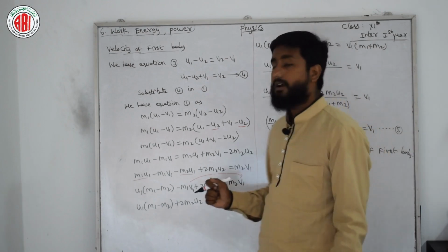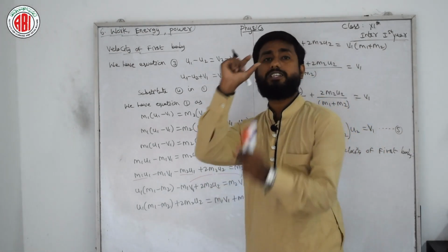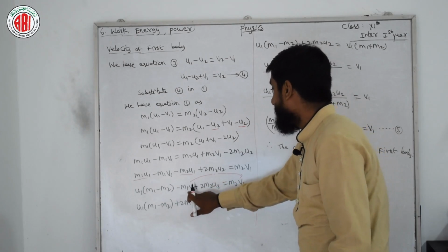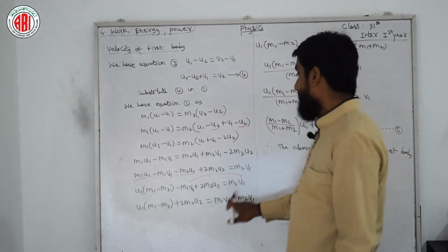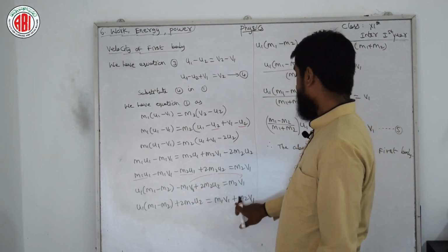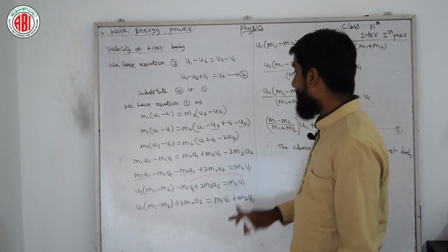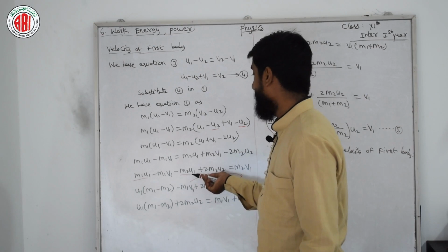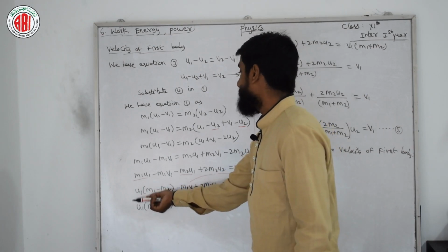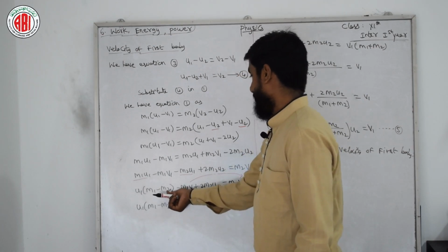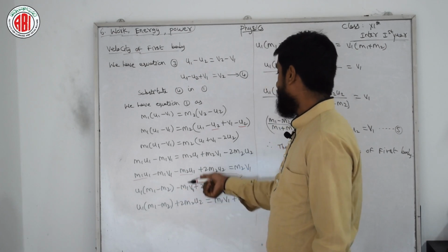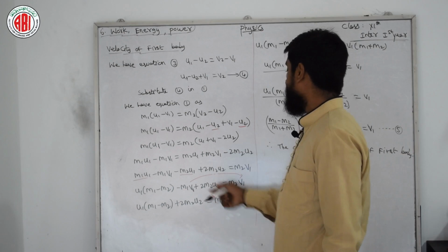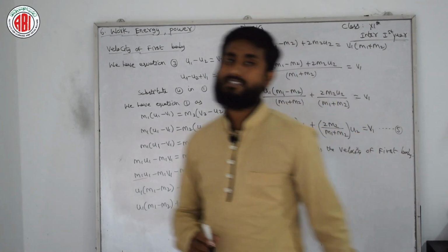But in this step again I need to bring v1 to one side, so I send minus m1 v1 to this side, and it becomes m1 v1 plus m2 v1. From m1 u1 and m2 u1 I took u1 as common, so it remains (m1 minus m2) u1 minus m1 v1 plus 2 m2 u2 is equal to m2 v1, and after that I am just sending this to that side.